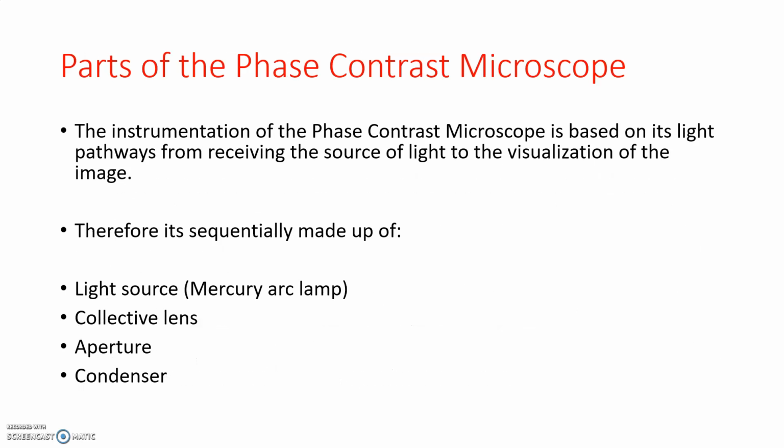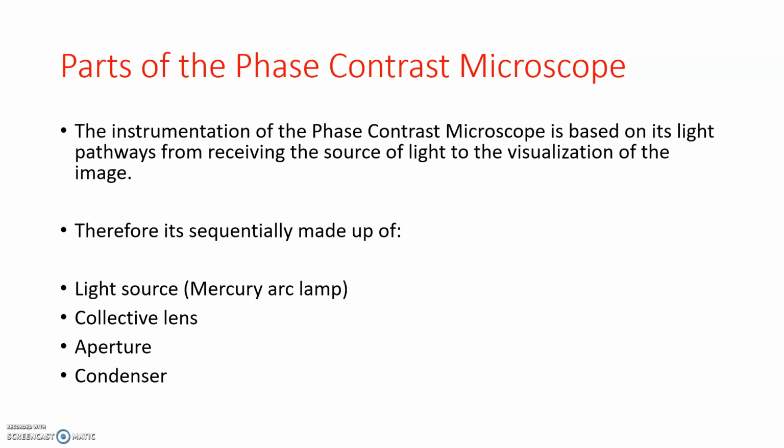Now coming to the parts of the phase contrast microscope. The instrumentation is based on the light pathway, from receiving the source of light to the visualization of the image.